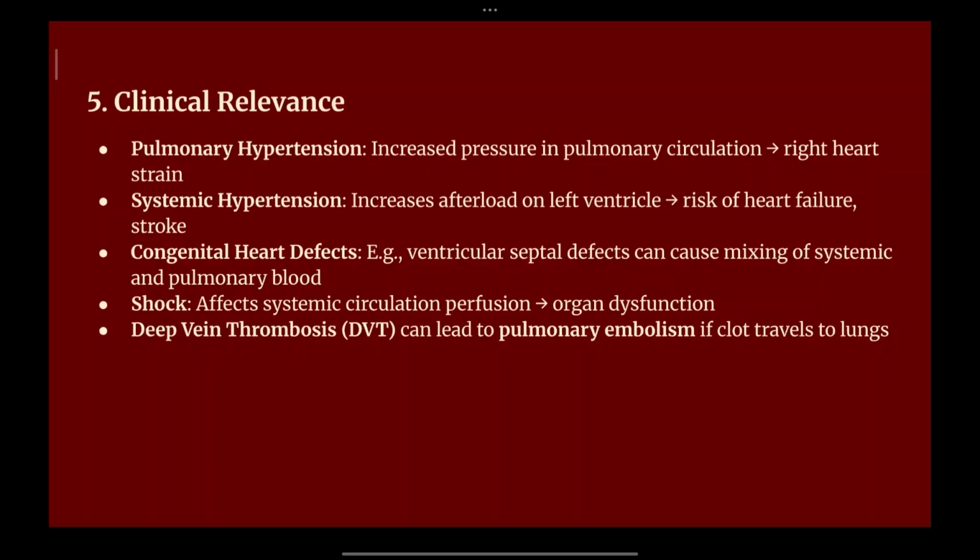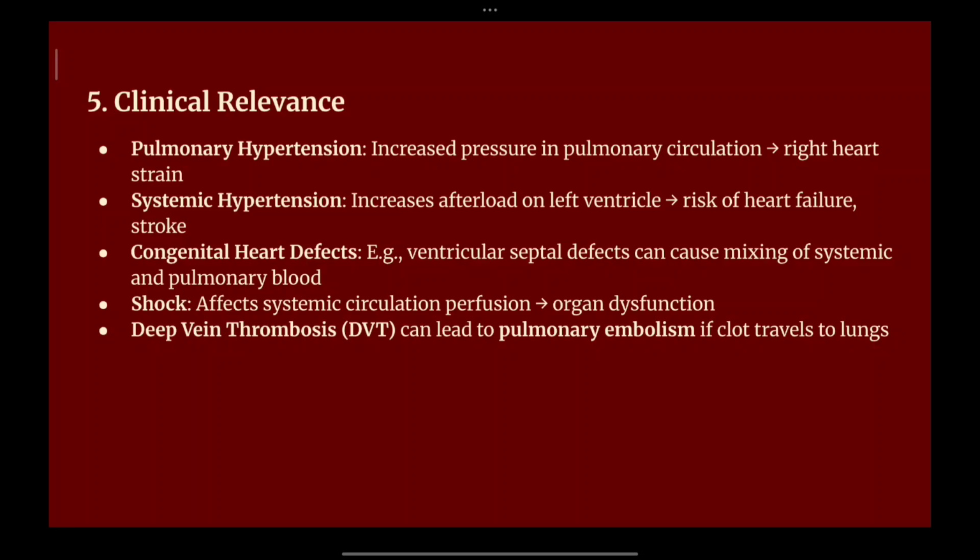Now, shock is another disease that is being seen. It is due to the systemic circulation perfusion. Whenever the exchange of oxygenated and deoxygenated blood is defective, there is organ dysfunction.